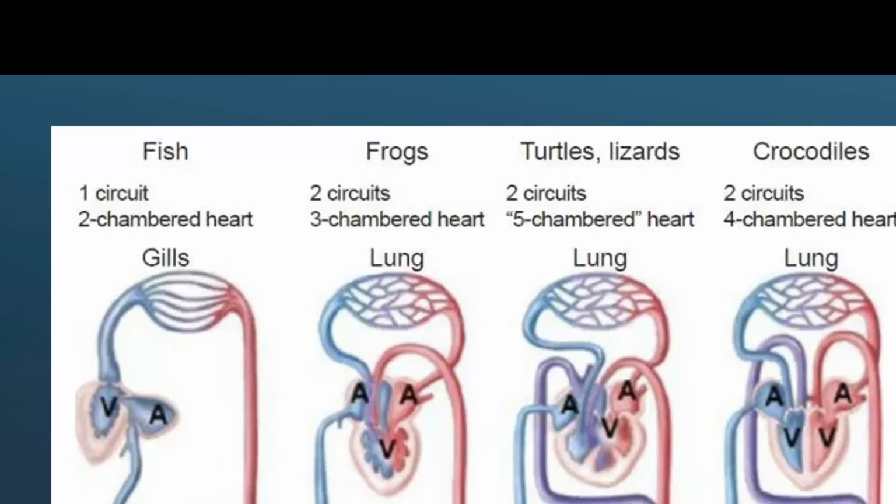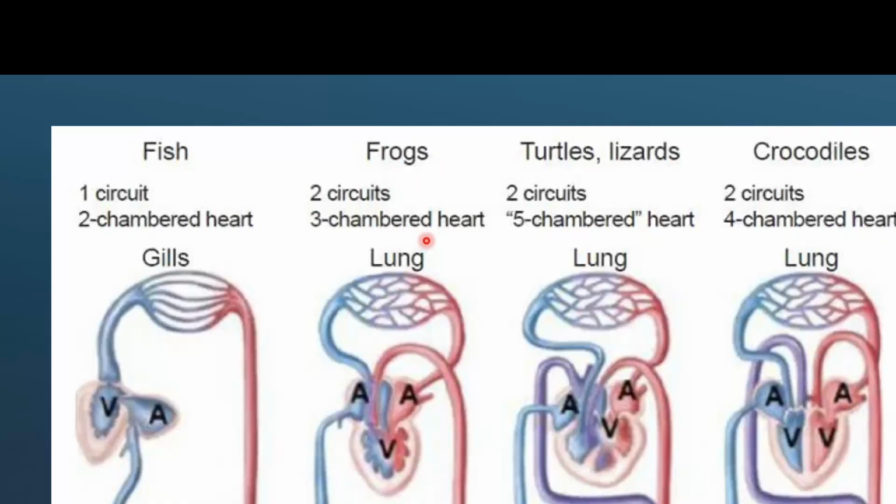Now the lungs can do the gaseous exchange again to send a fresh supply of oxygenated blood to the body through the heart. So our answer lies here, which is frogs, two circuits, three chambered heart, which is the amphibian heart.